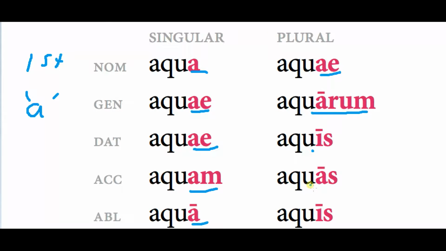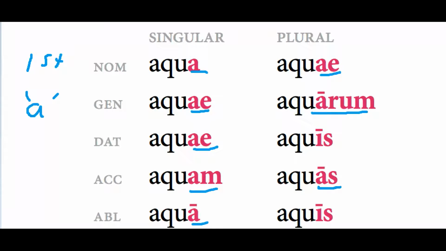So if you know the endings but forget what declension is associated with them, think A. Now, first declension is the first one you learned, so this is more geared towards fourth and fifth, which are more recent and can be easily mixed up.